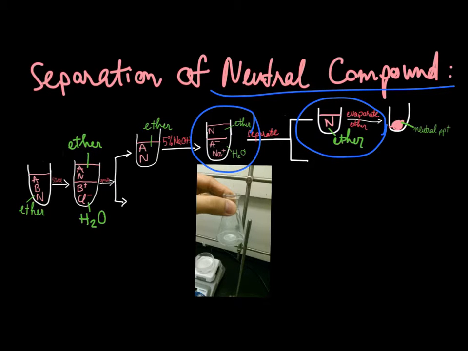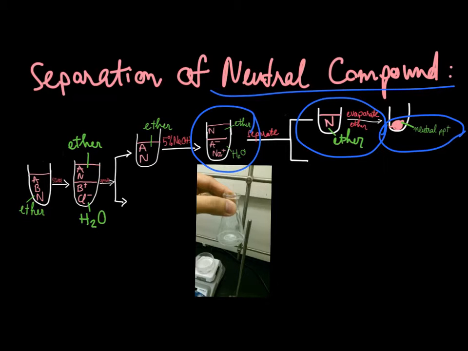So all we have to do now is to evaporate the ether to obtain the neutral precipitate. However, we need to remember that most extractions in the organic lab involve water and an organic solvent. Many organic compounds are partially soluble in both solvents.